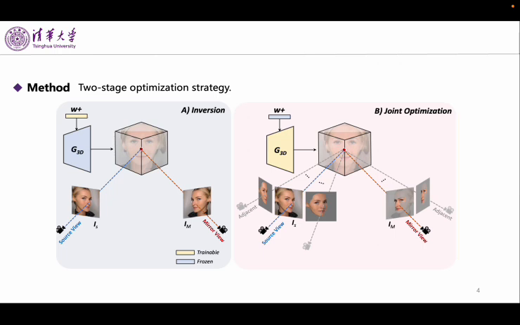To solve the above two challenges, we design a two-stage optimization strategy. Similar to PTI, we first optimize a latent code W to obtain a rough geometry and texture. Later, we further fine-tune the parameters of the 3D GAN to overfit the target texture.